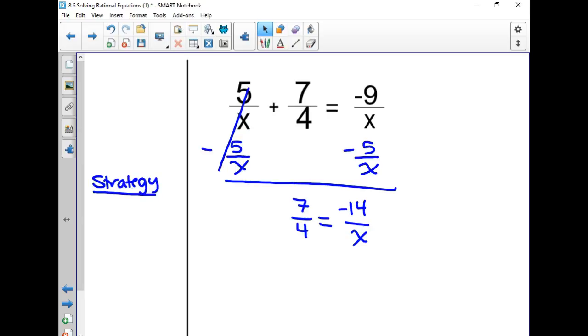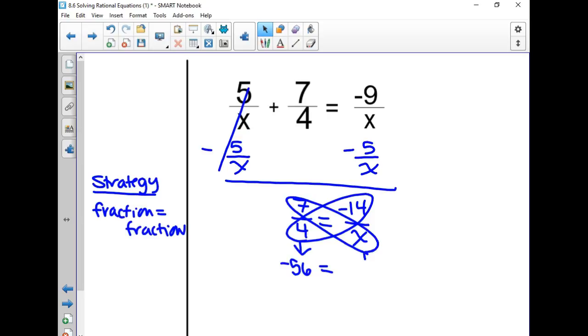If you have several fractions, not just 2 fractions, see if somehow you can manipulate that equation by adding or subtracting to just get 2 fractions, a fraction equals a fraction. And then you can cross multiply. So negative 14 times 4, what does that give you guys? Negative 56 is equal to 7 times x. And we can do that in our head. What is x equal to? Negative 8.